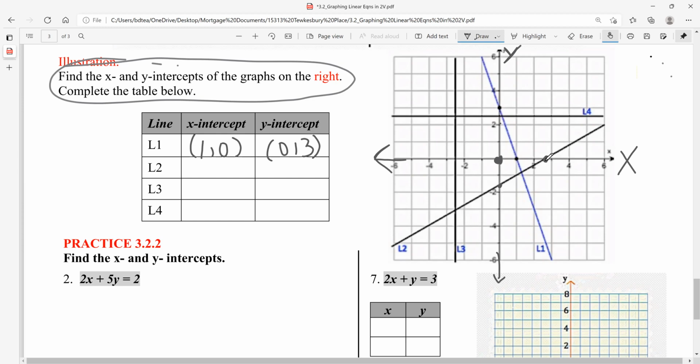So the x-intercept is where line 2 crosses the x-axis. We're going to say that x is 2.75, and y is 0. And the y-intercept for line 2 is negative 1.75, and the x.